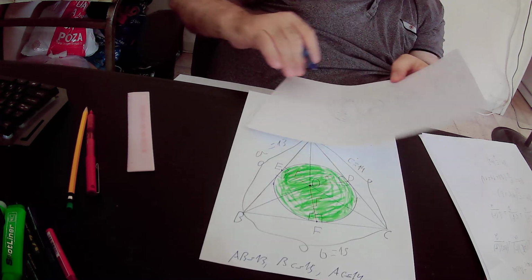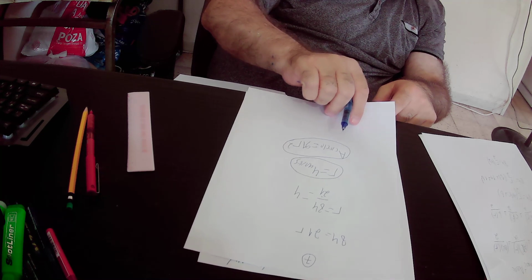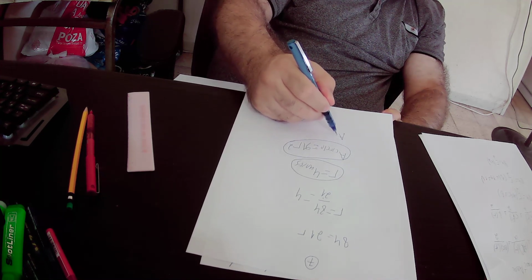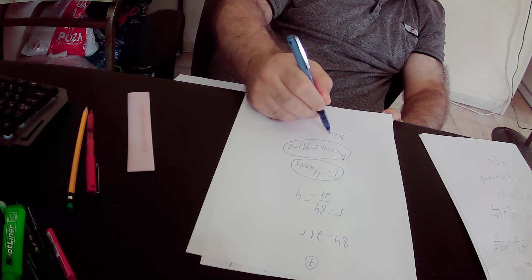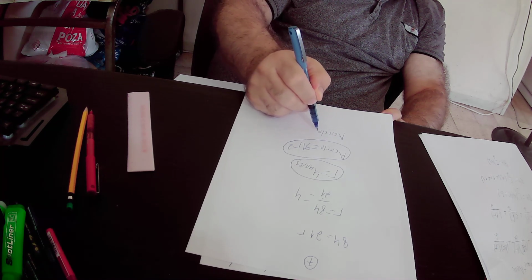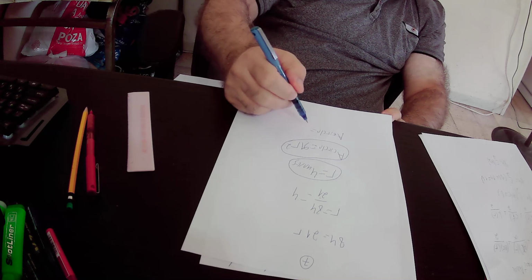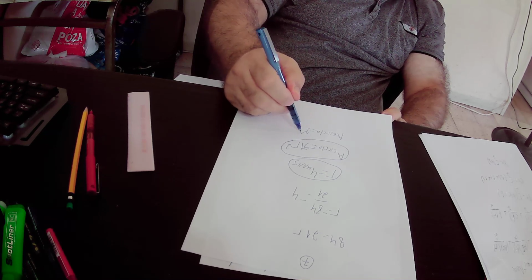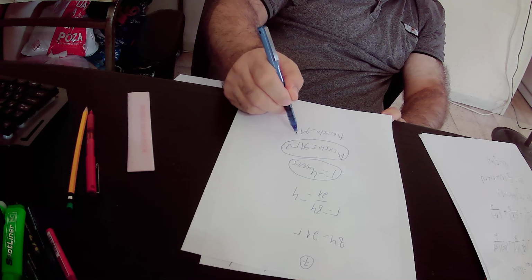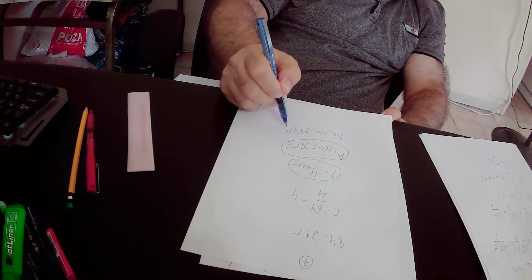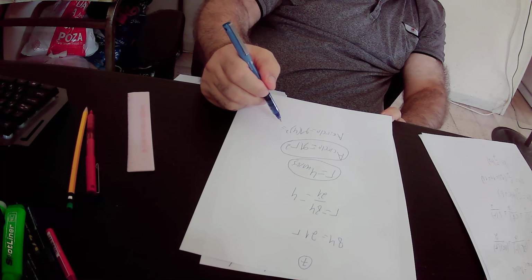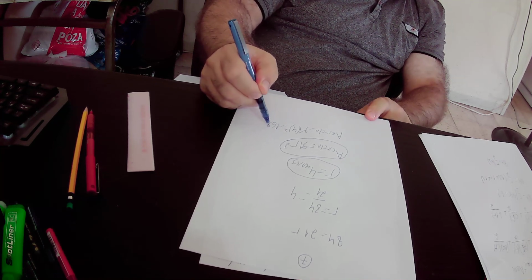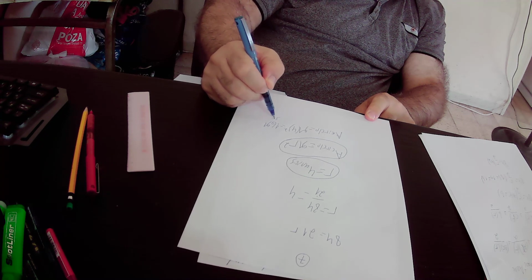So we will get that the area of the green circle equals pi times R squared. R equals 4, so it is pi times 4 squared. Pi times 4 squared equals 16 pi square units.